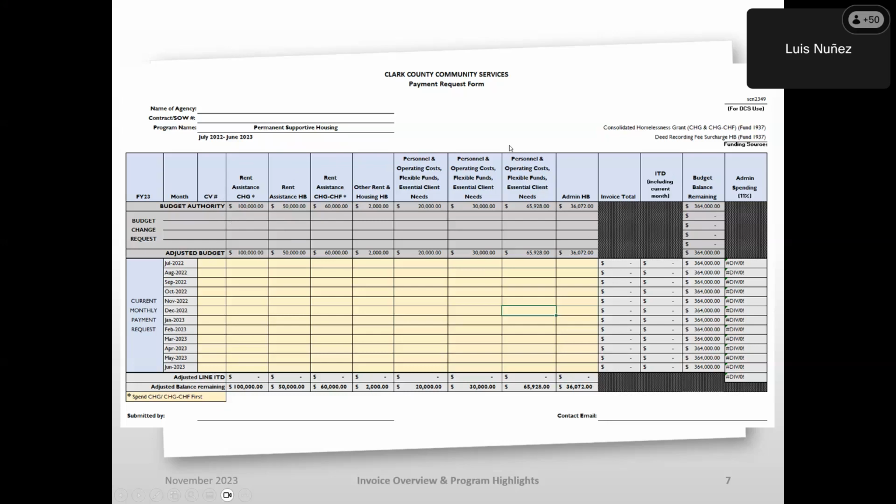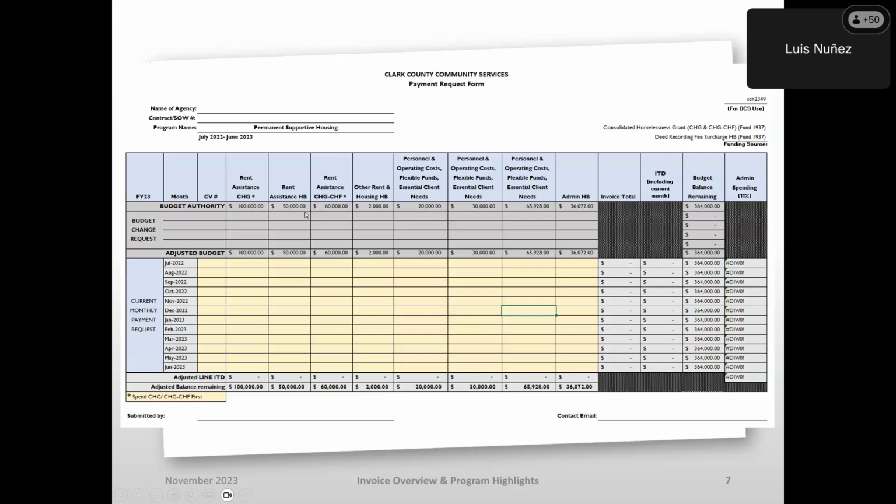There's rent assistance, other rent, and these are all going to vary depending on the categories that are spelled out in your contract. And this is actually a perfect example of a contract that has multiple funding sources. As you can see, the rent assistance has CHG, House Bill, and then the CHG, CHF.